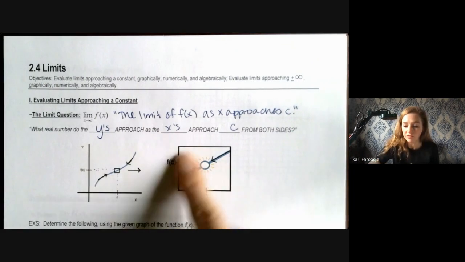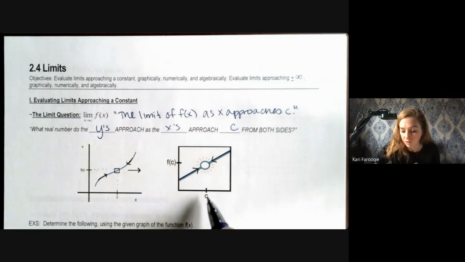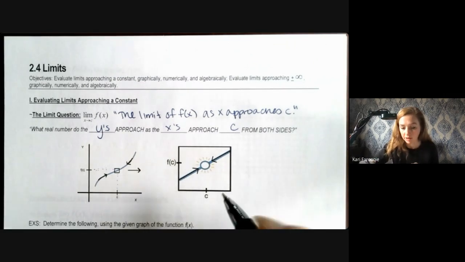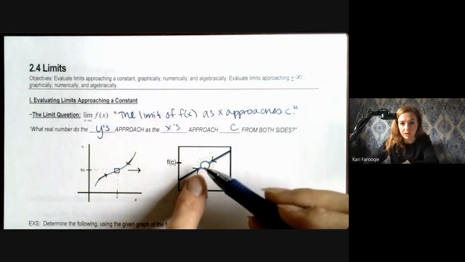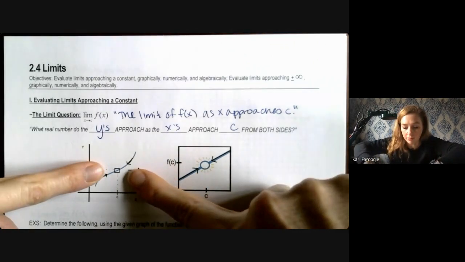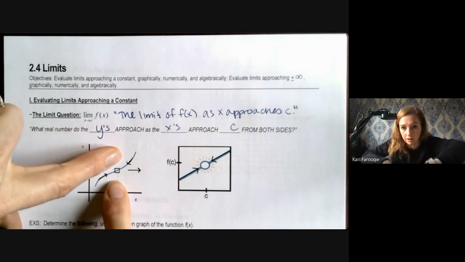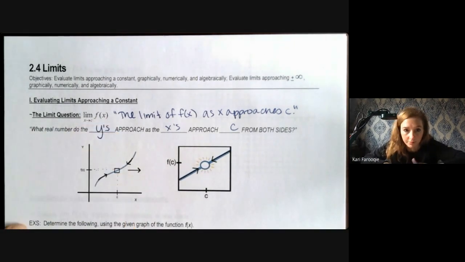What you can see over here to the right is a zoomed in picture of what's really happening as you approach c from both sides. As x approaches c from the left and from the right, the y values narrow in on this value. The y values approach f of c as they move in vertically.